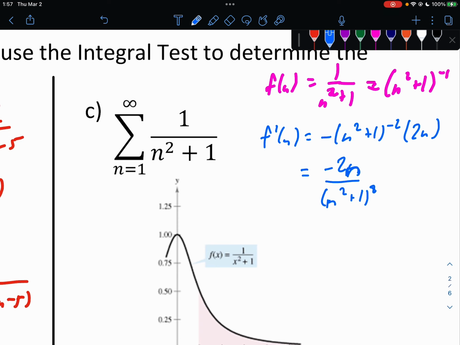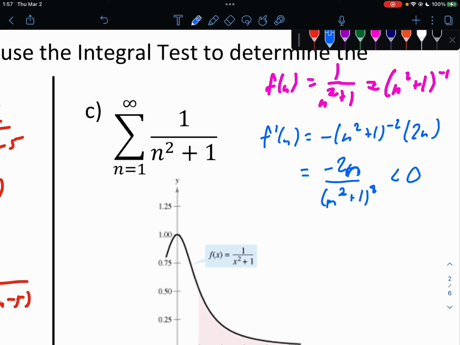With n starting at 1, n will always be positive, which means negative 2 times n will always be negative. The denominator will always be positive, so this will always be less than or equal to 0. Actually, it'll always be less than 0 for all numbers.